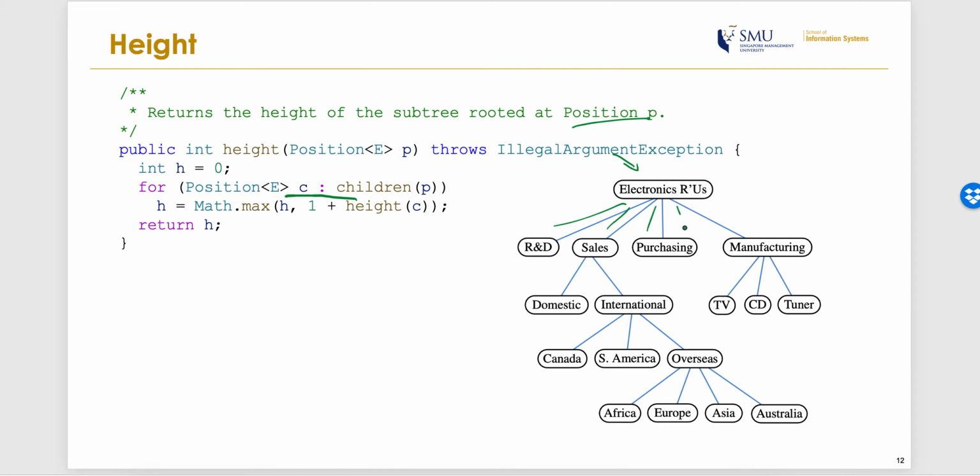We're going to branch out to the children, and each time the height of a particular node is going to be the maximum between the current height and 1 plus the height of the child.